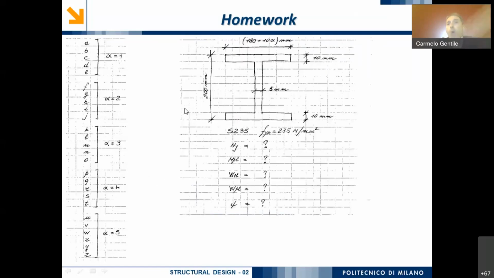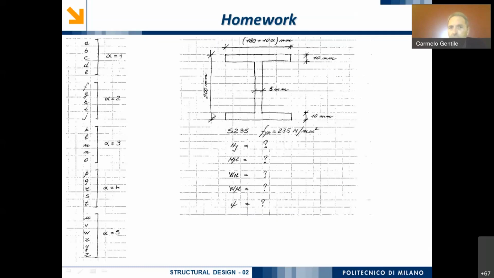The second homework refers to an I-beam cross-section. Again, some parts of the cross-section are equal for everybody. For example, the thickness of the web is equal to 5 millimeters. The thickness of the flange is equal to 10 millimeters.